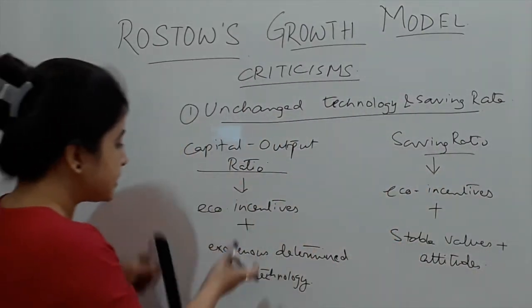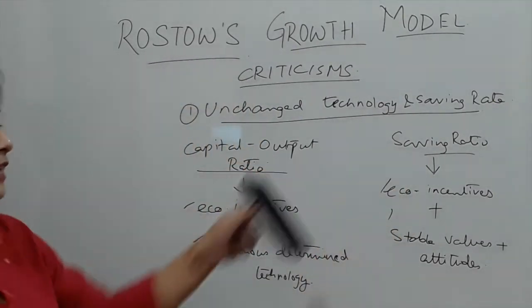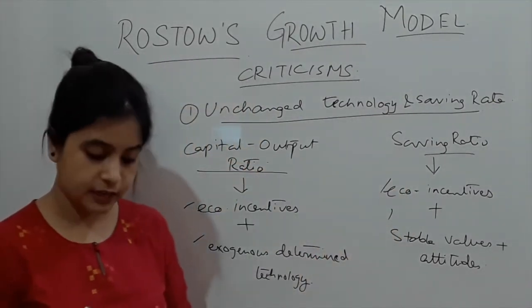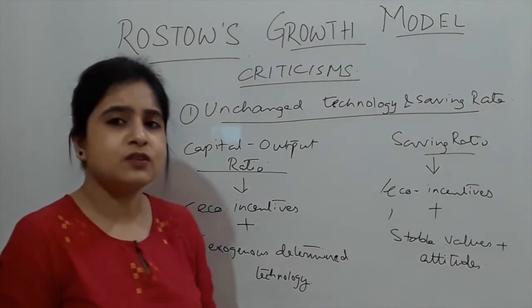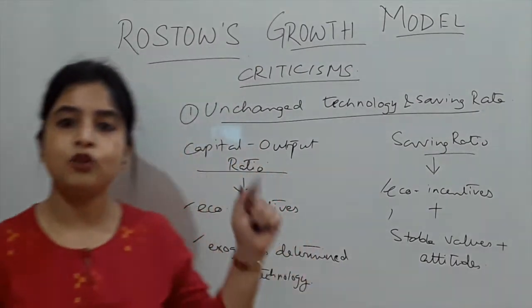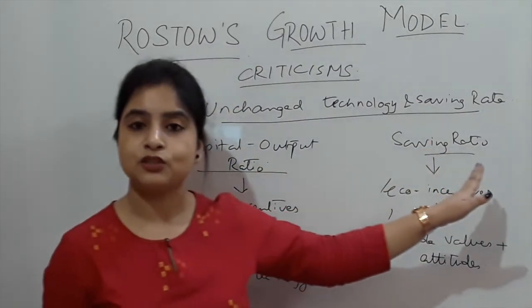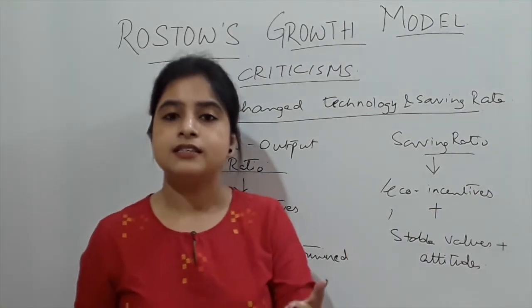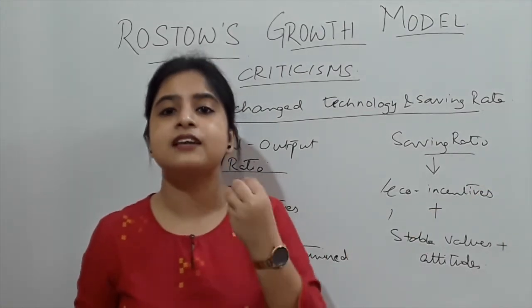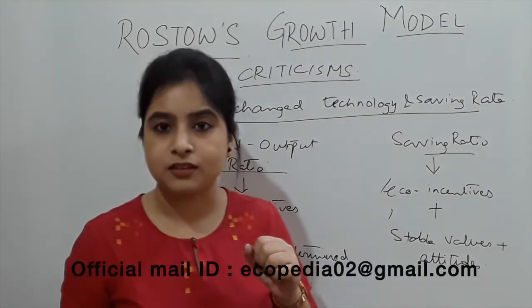So it is very difficult to find out the value of this capital output ratio and the value of this saving ratio. We cannot say the exact value of it or how it is changing. So it is very difficult to capture.